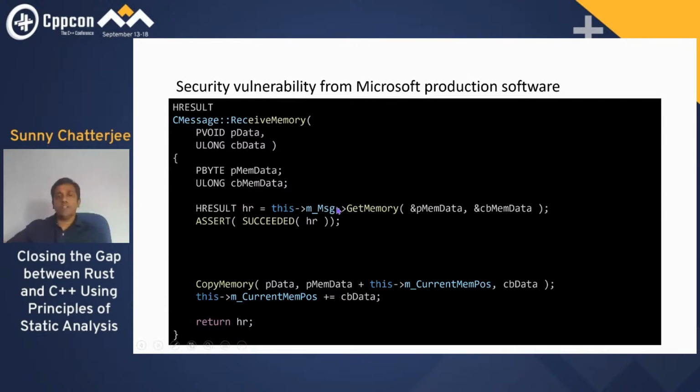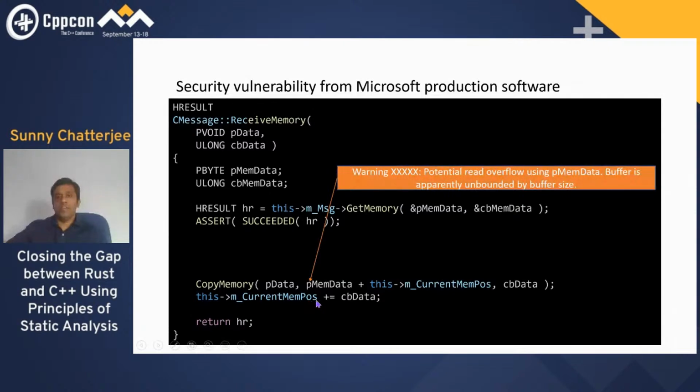You have a call to this API called GetMemory, and GetMemory fills in your source buffer with the count of bytes of elements data that is copied into the source. And then you're trying to use the Win32 API to copy data from the source buffer into the destination, and you're copying cbData. And you're actually copying it from an offset, which is the current mem position, and you're incrementing that current mem position.